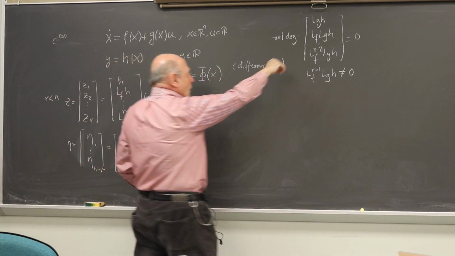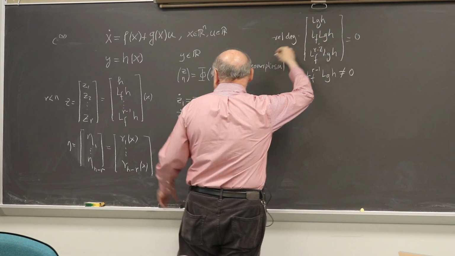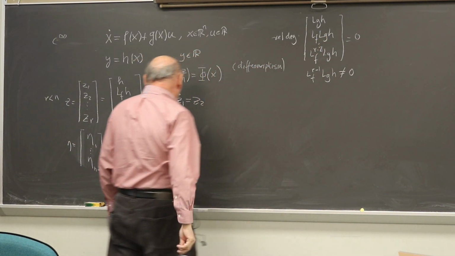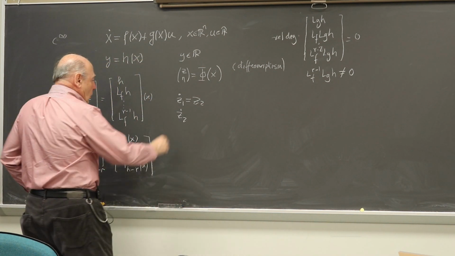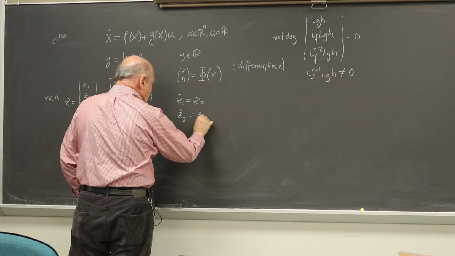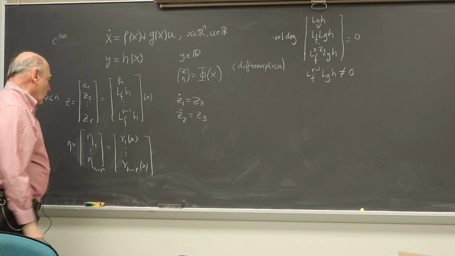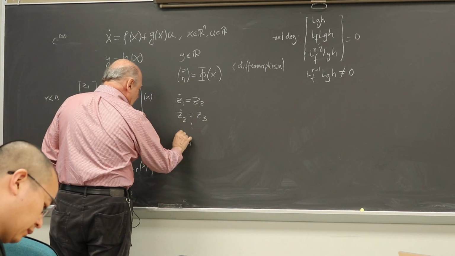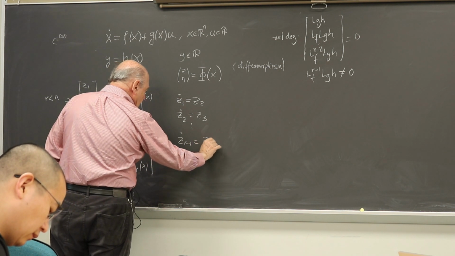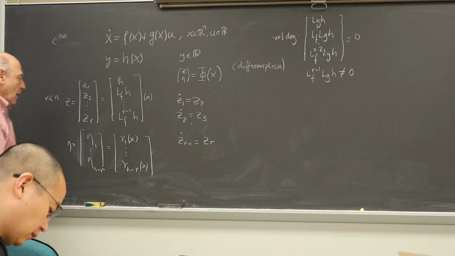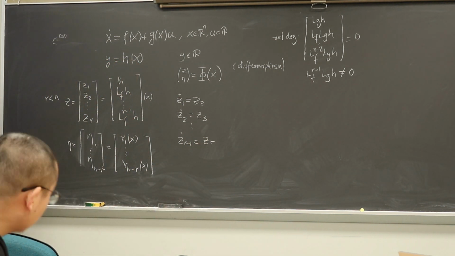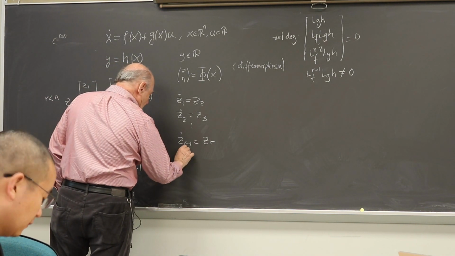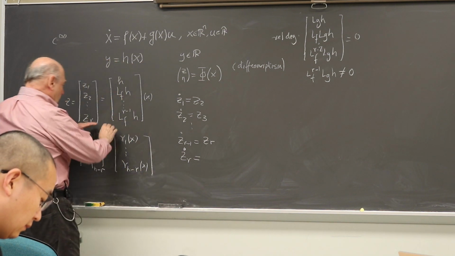But Lf square will be just the next coordinate, and the other one relating to u will be 0. So we'll have that as a new coordinate. And therefore, we can proceed without finding any influence of the control all the way up to the r minus first derivative. And the derivative of cr will depend on this.